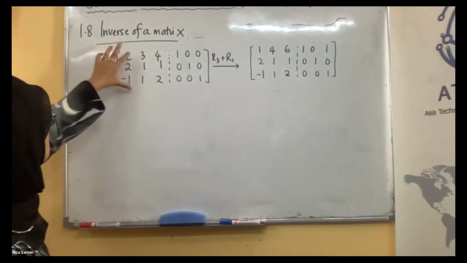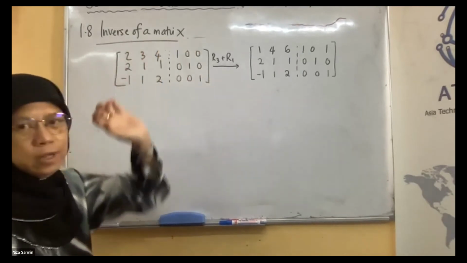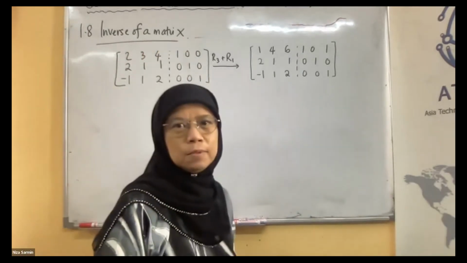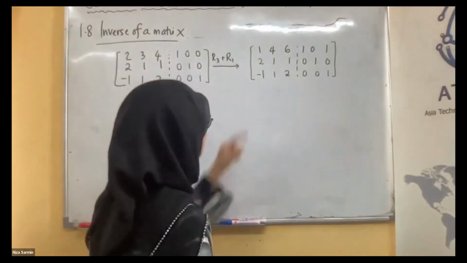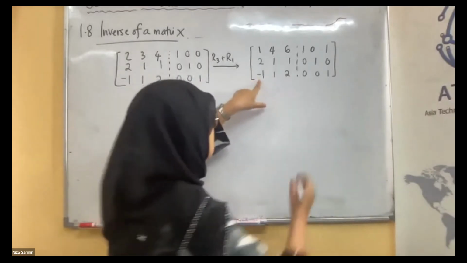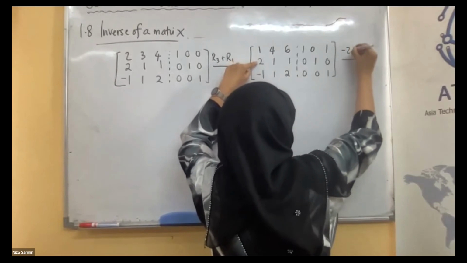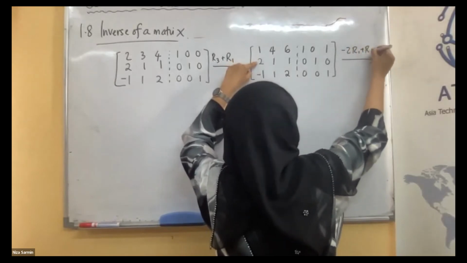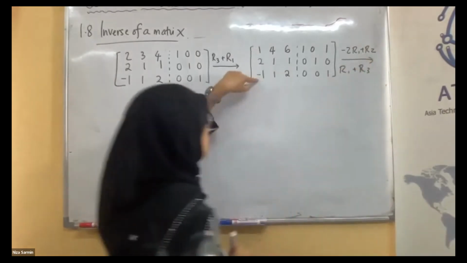So 1, 4, 6, 1, 0, 1. 0 plus 1 is 1, not 0. Now I can make this and this 0. So I will do -2 row 1 plus row 2, and row 1 plus row 3.